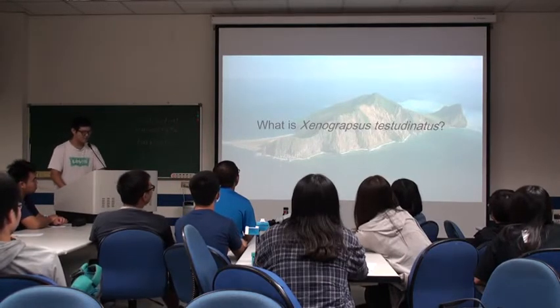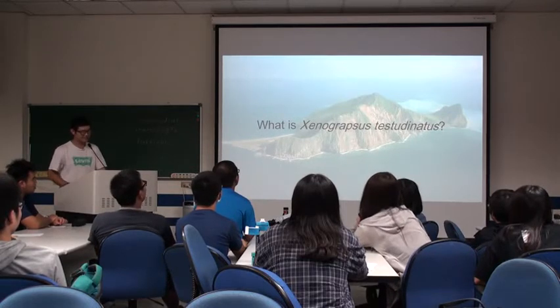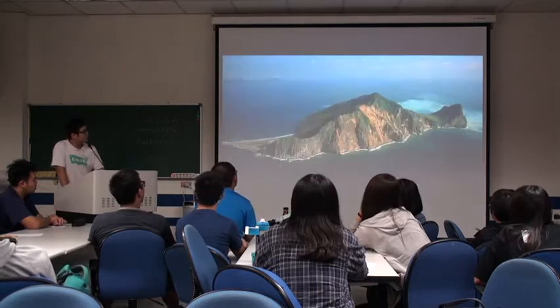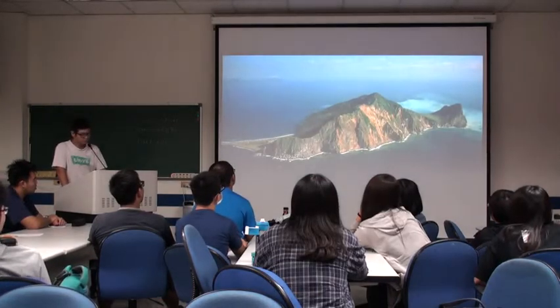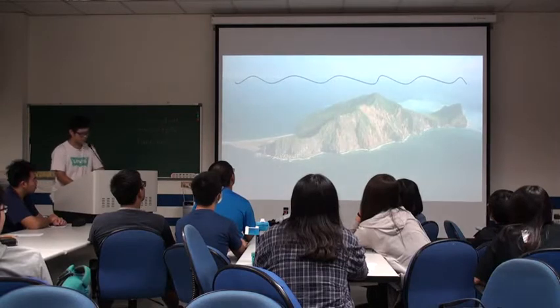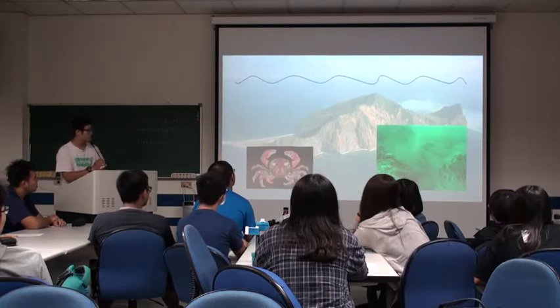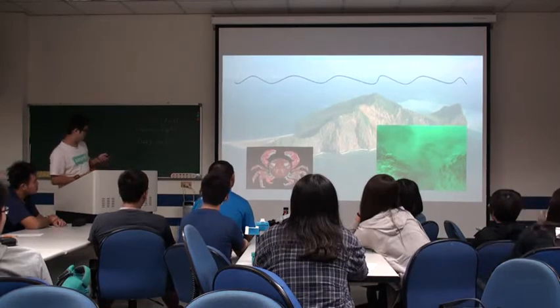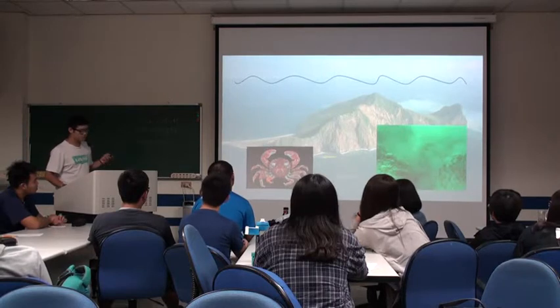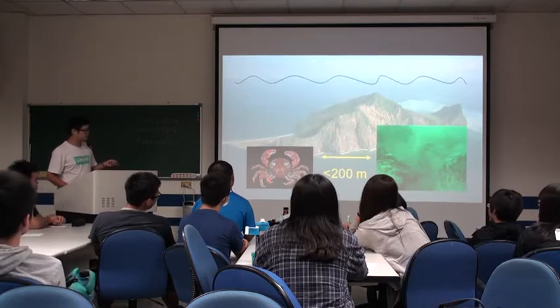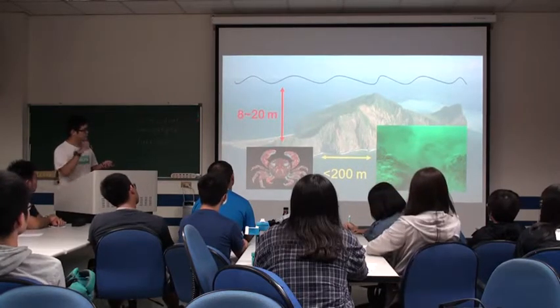What is the crab? In brief, I will name it X or crab. This is the Turtle Mountain Island, and this is the surface of the ocean. This is the hydrothermal vent. The crab lives near the hydrothermal vent, about 200 meters away, at a depth of about 8 to 20 meters.